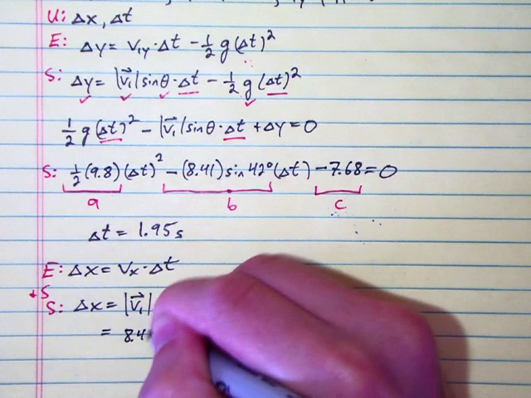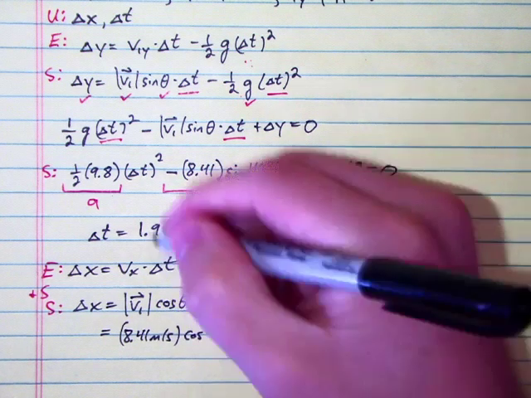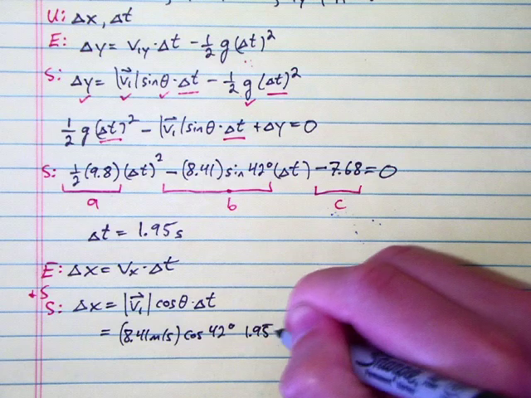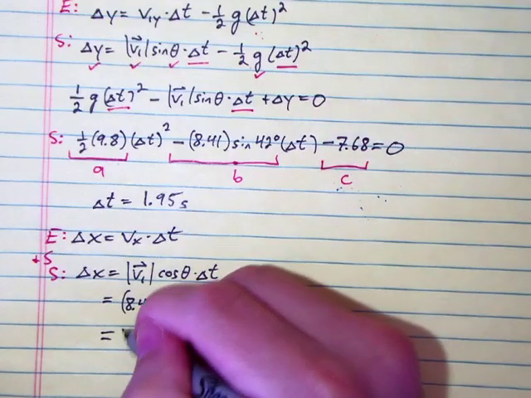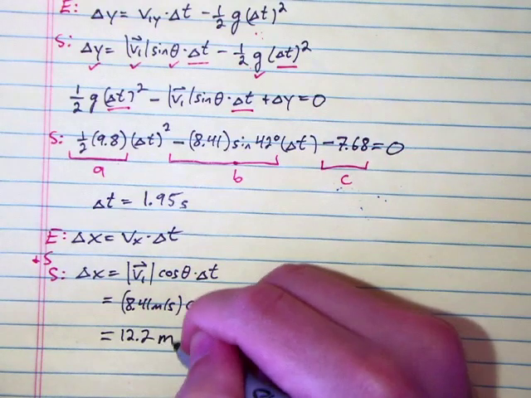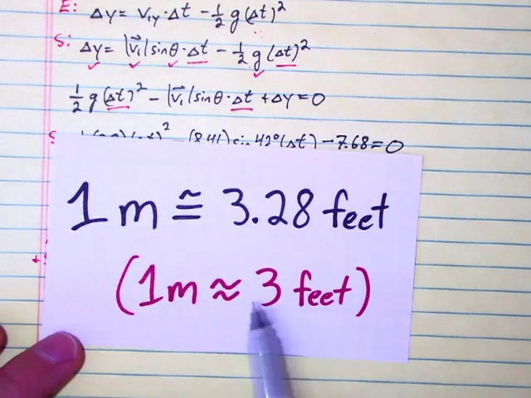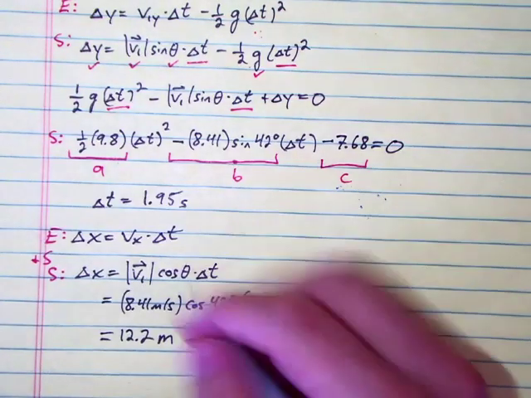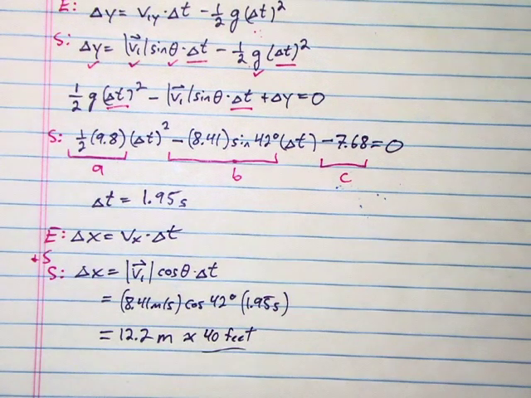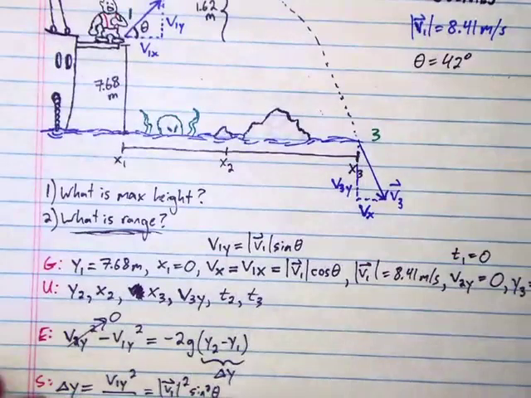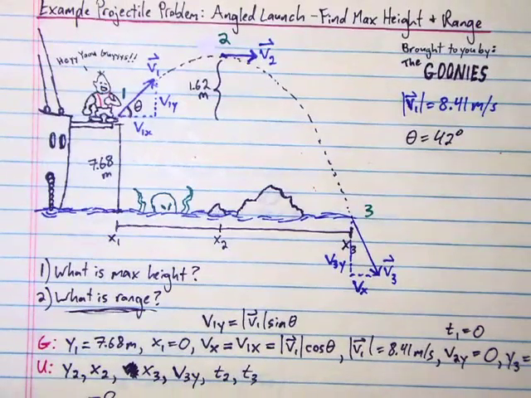So that's 8.41 meters per second, cosine 42 degrees, and then the time he's in the air, 1.95 seconds. And that's going to come out to about 12.2 meters. Remember, your conversion is that a meter is a little bit more than 3 feet. So that's going to be approximately 40 feet. A tremendous 40-foot leap for the great and mighty sloth.